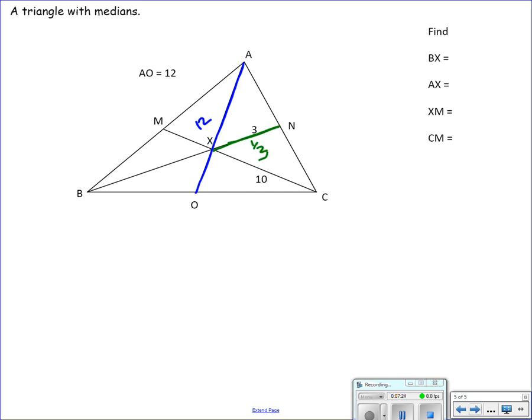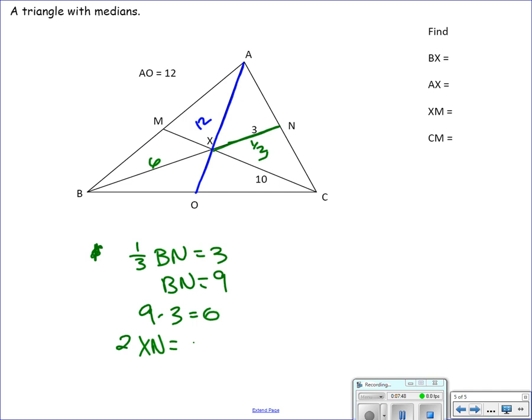So that means the whole segment is 9. BN: 1/3 of BN is equal to 3, so therefore BN is equal to 9. 9 minus 3 is 6. Or you can also notice that XN twice is going to be BX. So twice 3 gets you 6.